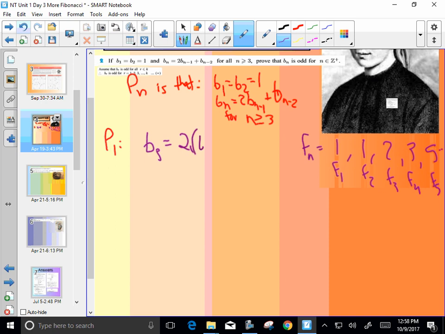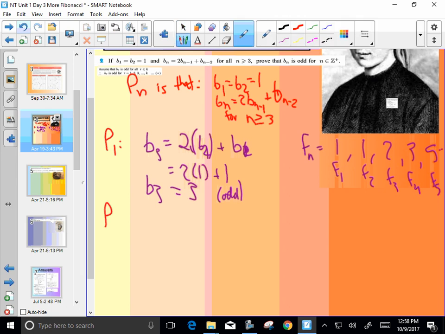So many letters. So 2 times 1 plus 1, which is 3. Is that odd? Yes, it is odd. So proposition 1 passes.